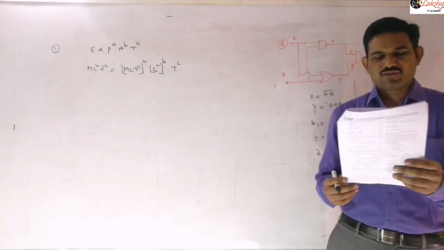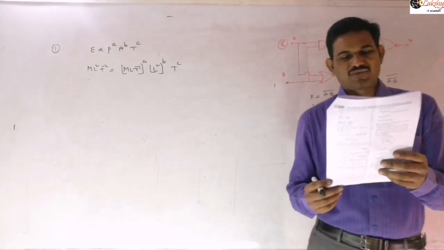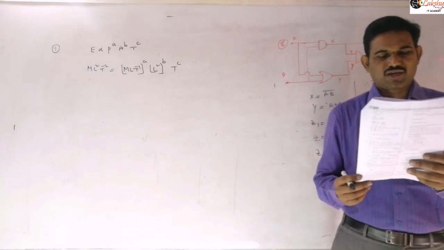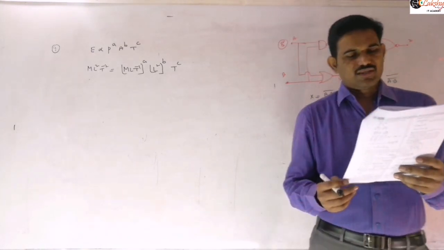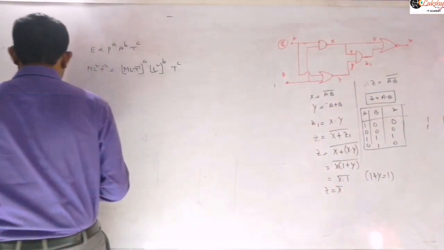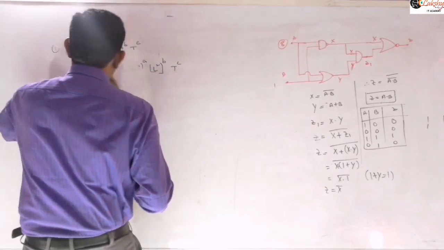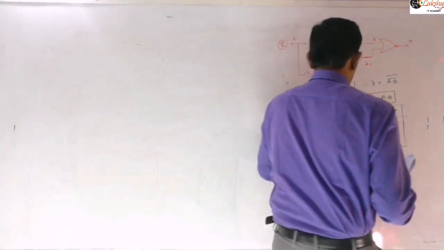It is observed that the two tangents drawn from the liquid glass interface from the opposite sides of the capillary make an angle 60 degrees with each other. Then h is close to. So if you are able to calculate the radius of curvature, then we can solve this problem easily. Let us see that calculation.